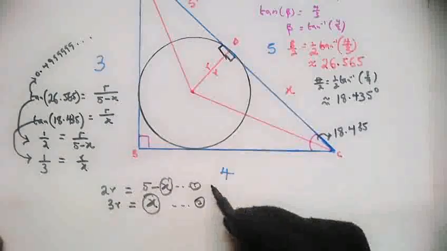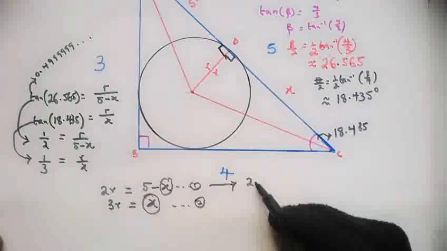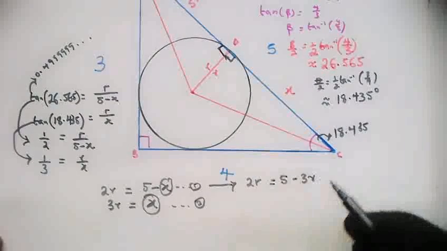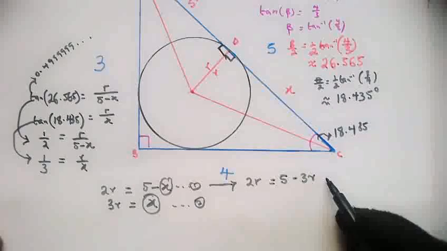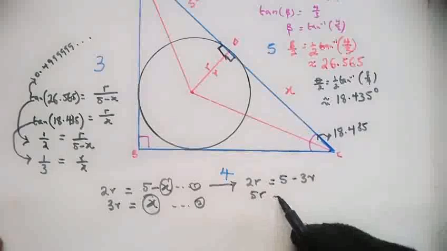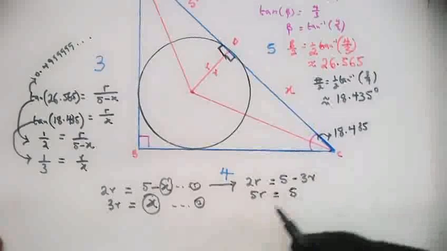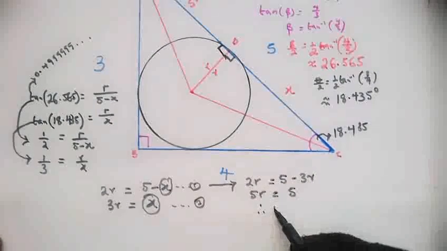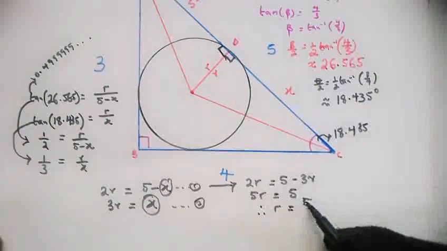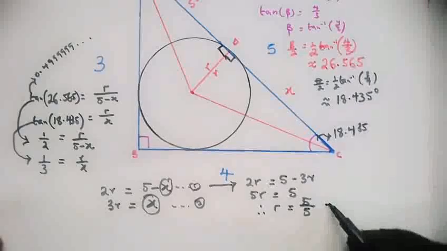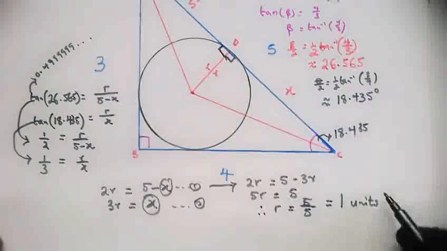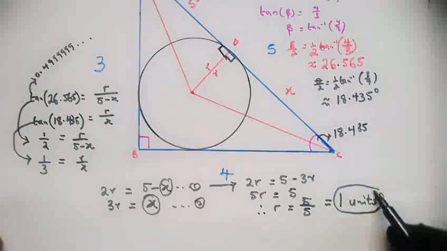When we substitute, equation 1 becomes 2r equal to 5 minus 3r. So add 3r to both sides, so we have 5r is equal to 5. Therefore r, that is the radius of this circle, is 5 divided by 5, that is 1 unit.